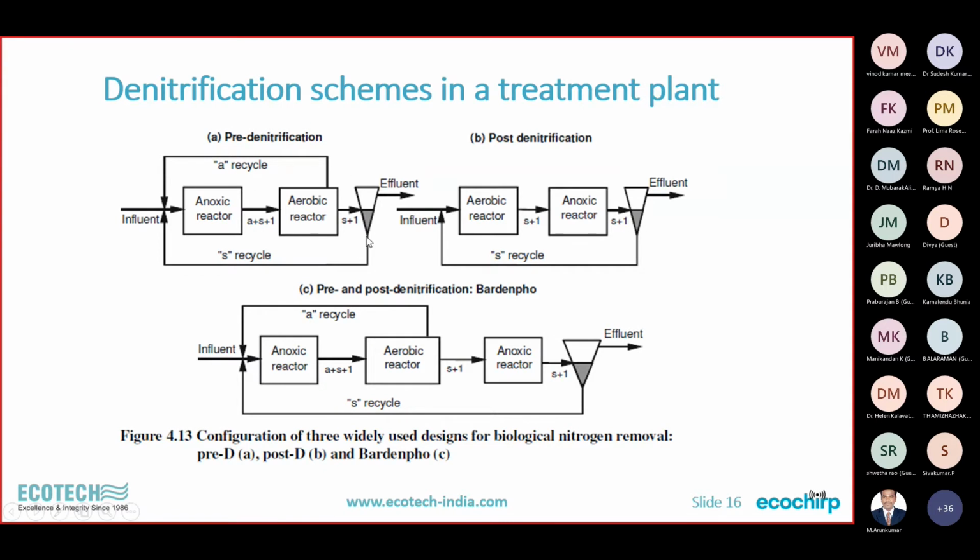We select a control volume around this and do a nitrate balance, and then determine what should be the MLR recycle rate. And in fact, in one of our treatment plants, where the incoming nitrogen level was almost 80 milligram per liter, we had to use a 4Q recycle rate.